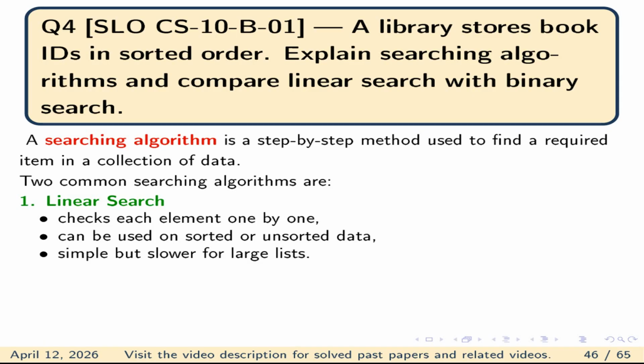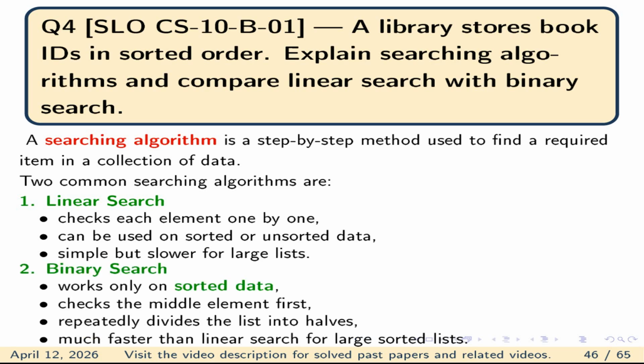Can be used on sorted or unsorted data. Linear search आप sorted data में भी apply कर सकते हो और unsorted data में भी, जबकि binary search सिर्फ sorted data में apply कर सकते हो. Simple but slower for large lists. अगर large list होगी तो it will take time.